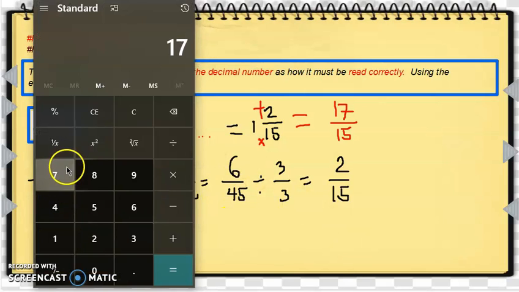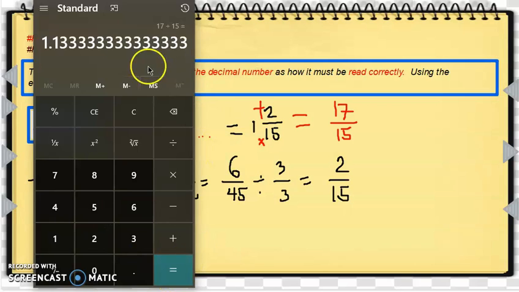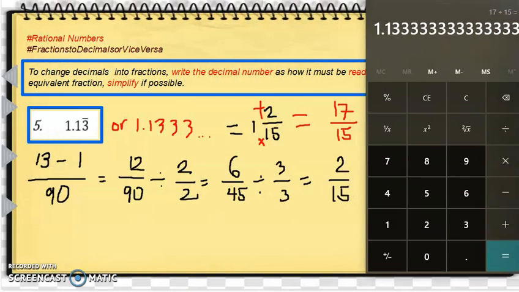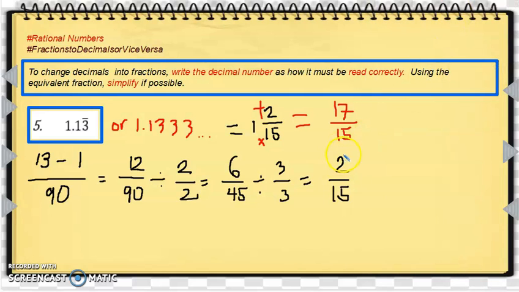You press 17 divided by 15. Okay, and there you have the given. The given is 1.13333. On the screen is 1.13333. So that means our answer is correct. So we have to put this down. And you have 17/15ths as the equivalent fraction of 1.13333 and so on and so forth.